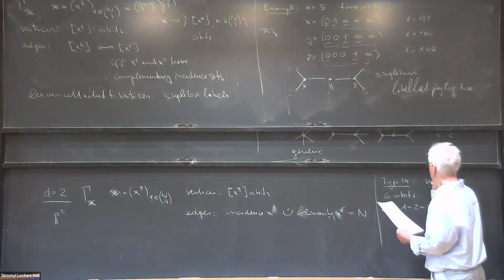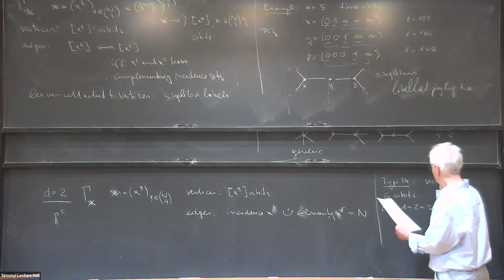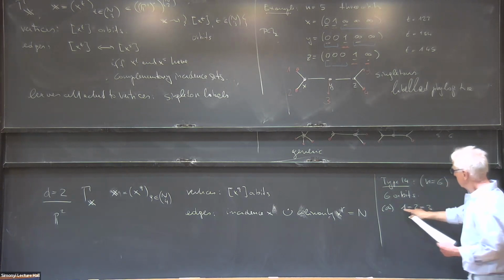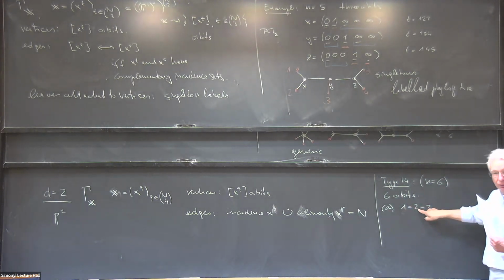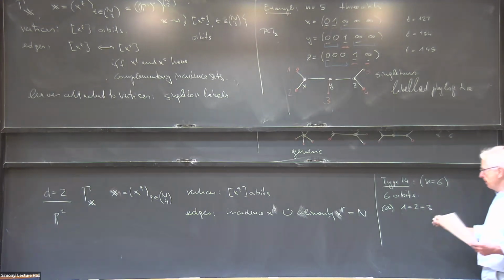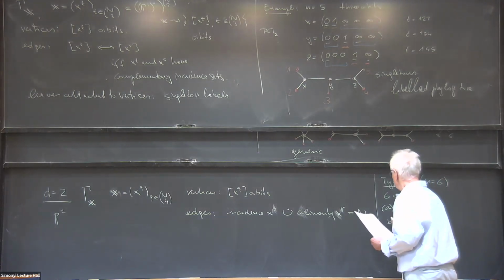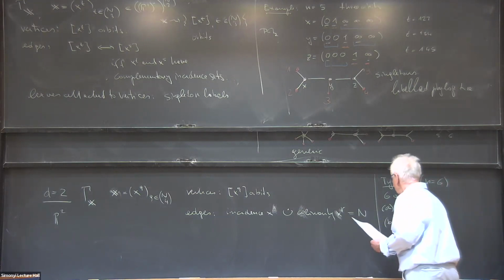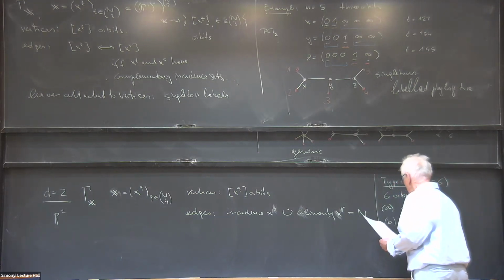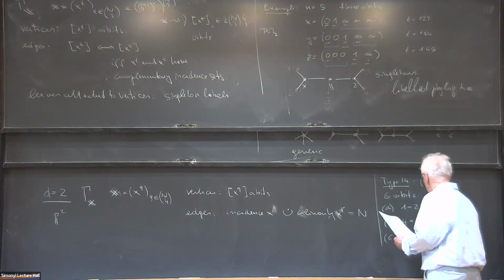This is for n equals 6. So this is an orbit where the first entries of our 6-gon are equal, and the other ones are generic. B is 4 equals 5 equals 6. C, 1 equals 2 and 4 equals 5.